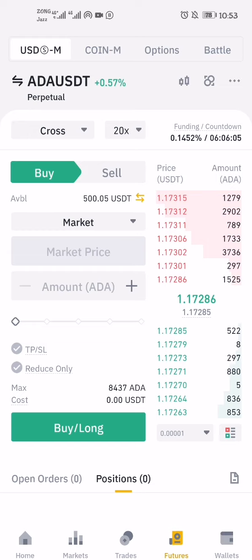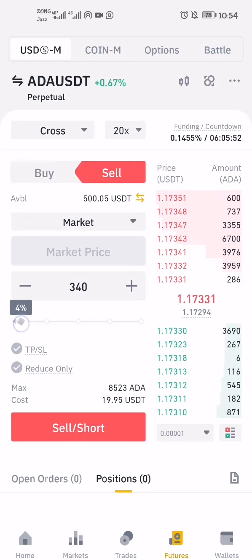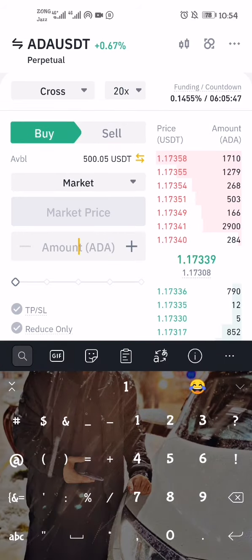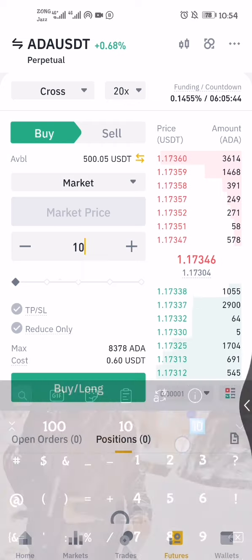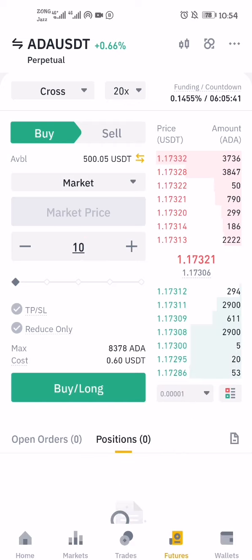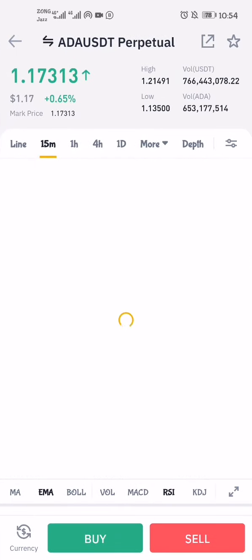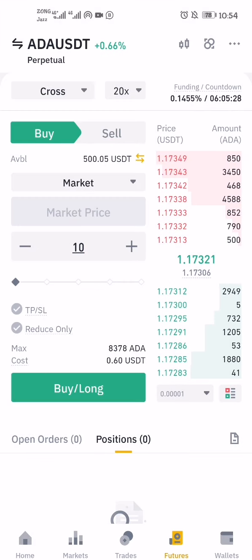So once ADA hits the entry price, you will get notified, and then you select the amount you want to buy ADA with, and you buy with market, or if there is any short signal, you can short it here. Let me take a trade for you guys. 10 ADA. Is it going up or down? It's going down. The connection is slow.